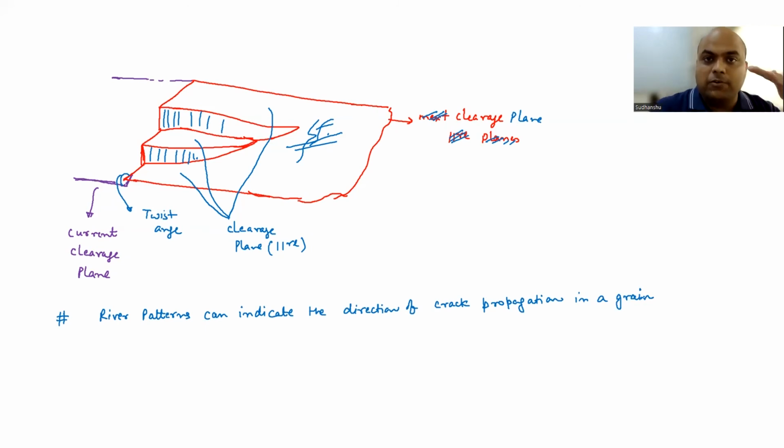Okay, so you now know that if you see river patterns in a grain, there will be multiple planes, and the ligament between them will tear, and finally you are going to see a single plane like this, a single crack like this. Okay, so now if this is happening, the crack propagation direction is this.